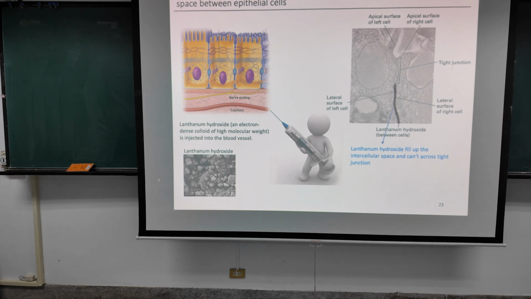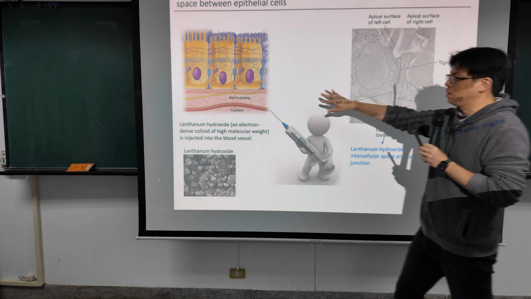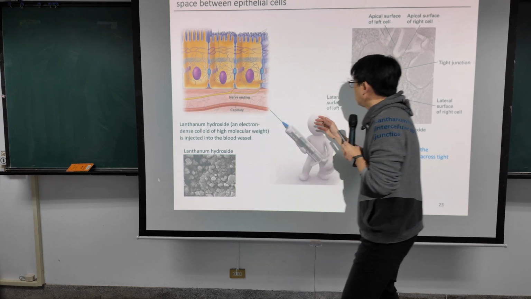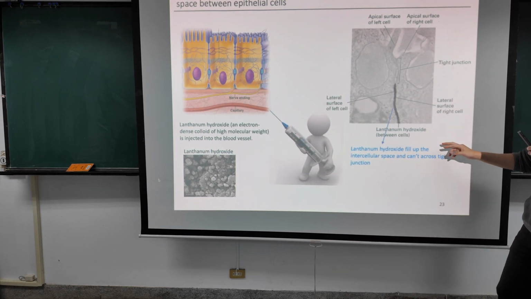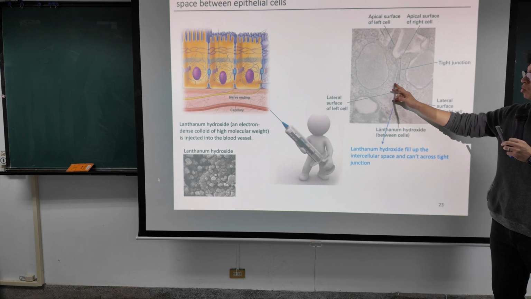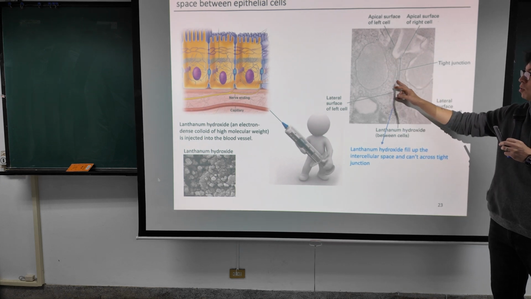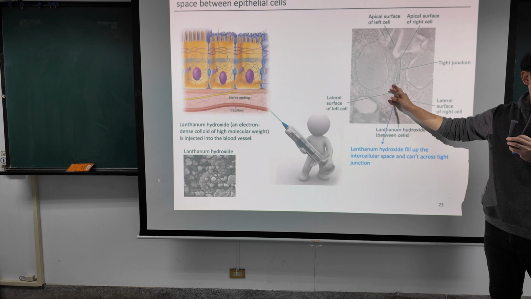They micro-inject this electron-dense colloid into the circulation system, so it will diffuse everywhere. And under microscopy, you will see the lanthanum hydroxide can diffuse through the space until it approaches the tight junction. It cannot cross the tight junction.